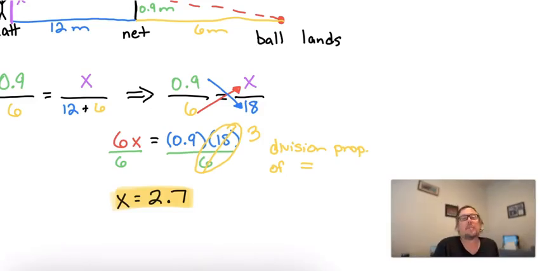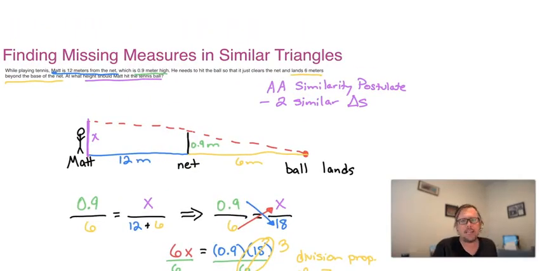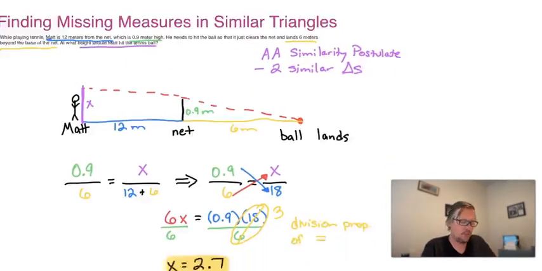Now we don't want to just stop at 2.7. The question said, at what height should Matt hit the tennis ball? Let's do better than just 2.7.